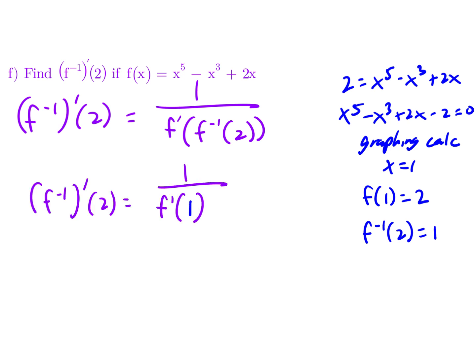So now it's just a matter of finding the first derivative of f. Well, we have f. And we can find the first derivative of f. And then we just have to plug the 1 in, and we're done. So here's the first derivative.